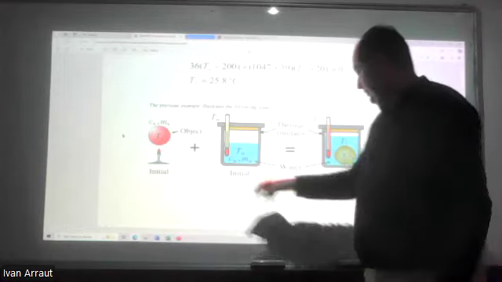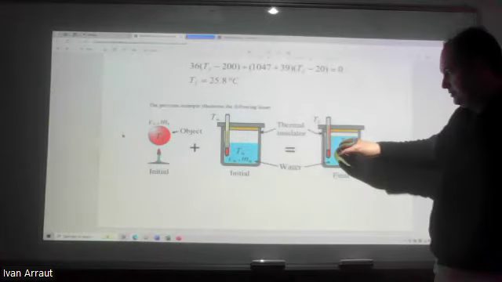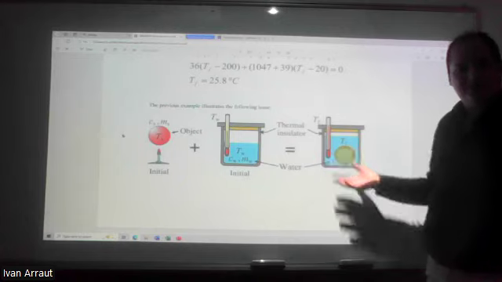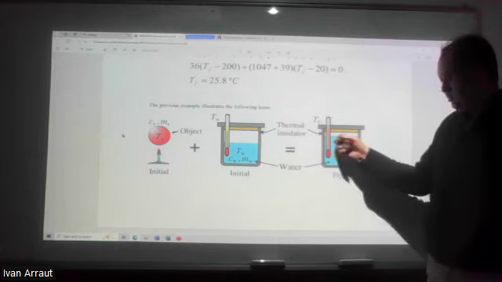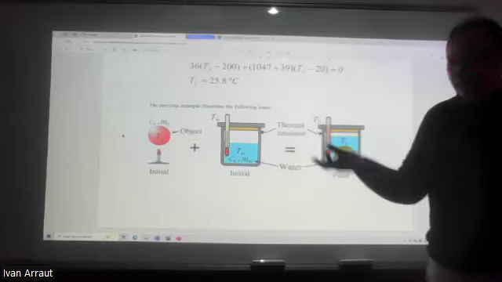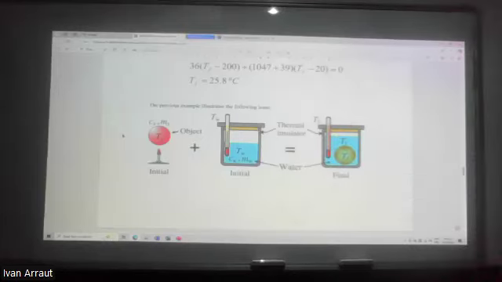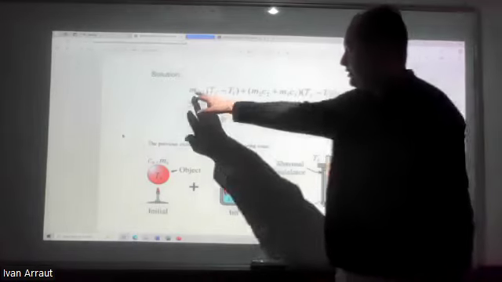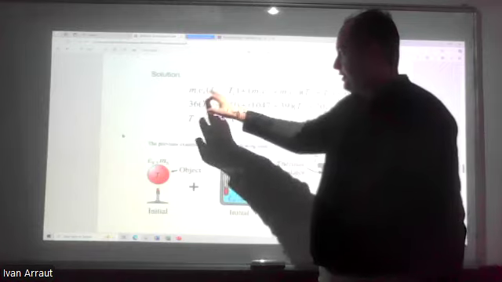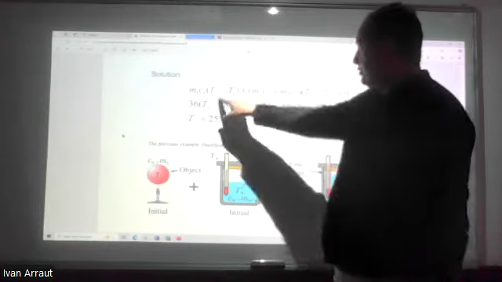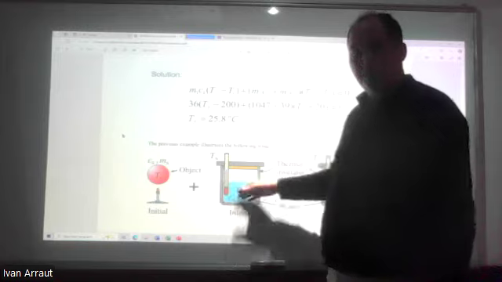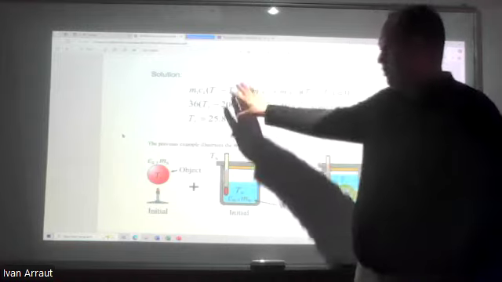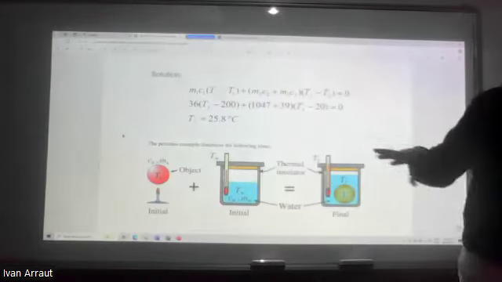This is a thermometer here, and you put the hot ball into the water, and at the end there is a heat flow from the ball to the water, and they reach a common final temperature. And this is the equation of conservation of energy here. Remember, mass, specific heat, the final temperature is common at the end between all the objects, because they have to reach thermodynamic equilibrium, and so on. But we will analyze these problems in detail next class.